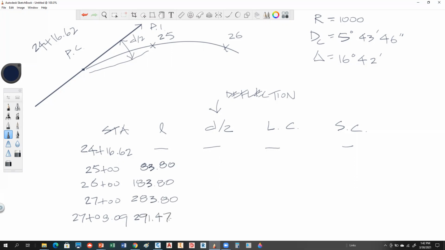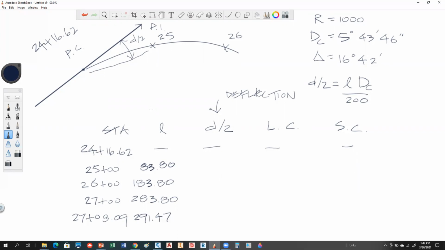Yep. So to calculate this, here's all we do. We take L, multiply it by degree of curve, and divide it by 200. What's cool about this equation is that degree of curve divided by 200 is the same for every one of these deflection angles. The only thing that's changing is what?